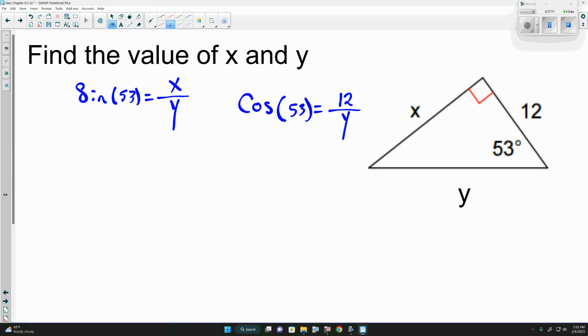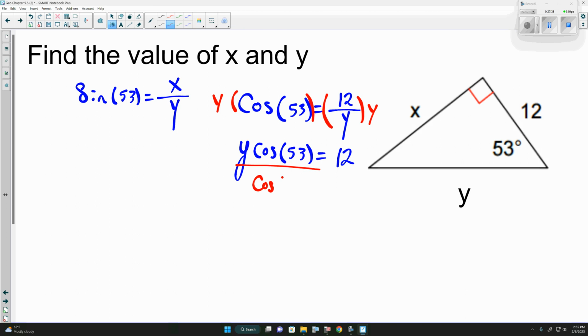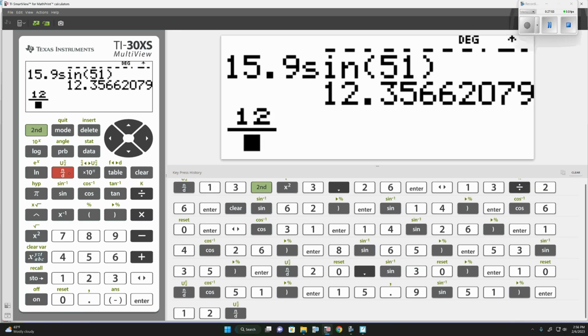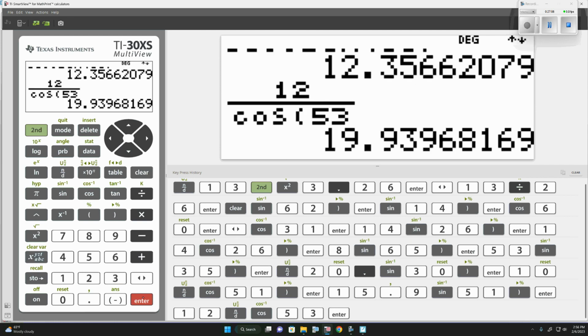You can follow along if you want. So we multiply by y. We get y times cosine of 53 is equal to 12. But to get y by itself, we divide both sides by cosine of 53. These will cancel, giving us y by itself. 12 divided by cosine of 53 is 19.93, or 19.9.